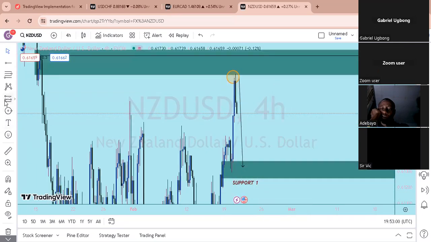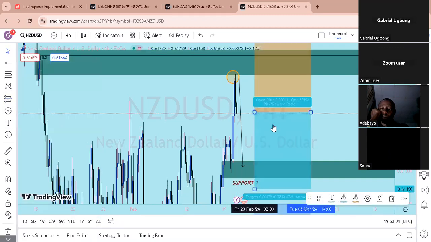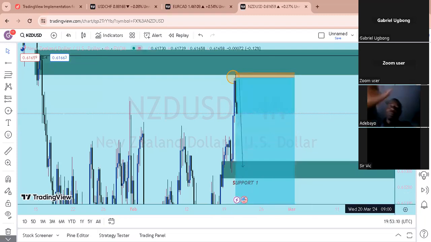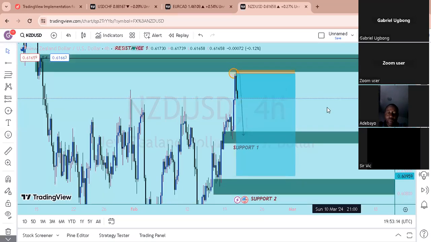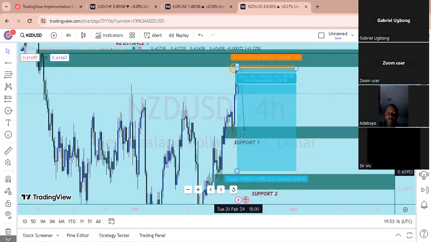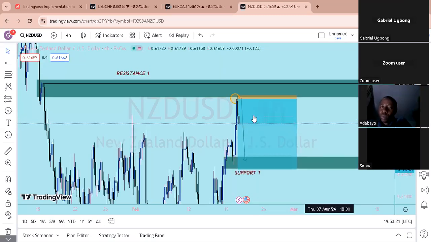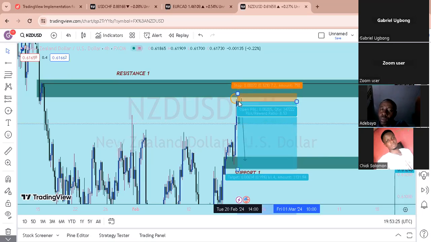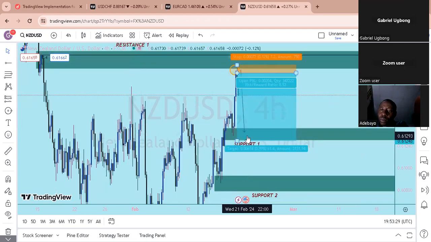So let me see how many pips from that place, if it touches this place, how many pips has it moved? So from that point to here is about, okay.